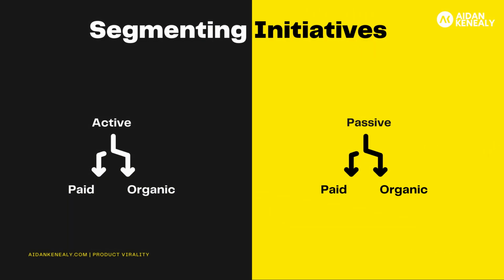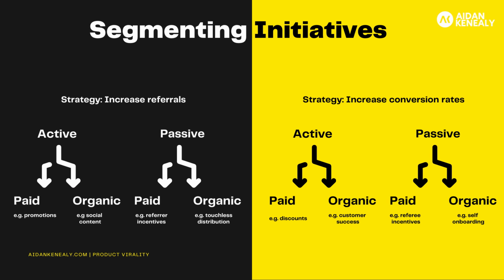I personally advise companies to first segment their initiatives into either active or passive initiatives, where active initiatives require a level of management and resource, and passive initiatives don't. Then, I suggest you further segment these initiatives into either organic or paid. Using both criteria to structure our strategic initiatives not only helps keep all our initiatives tidy and transparent for management and staff, but it also helps with resource allocation and budgeting decisions at a management and board level.